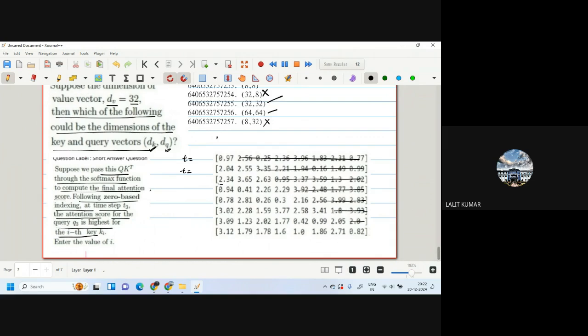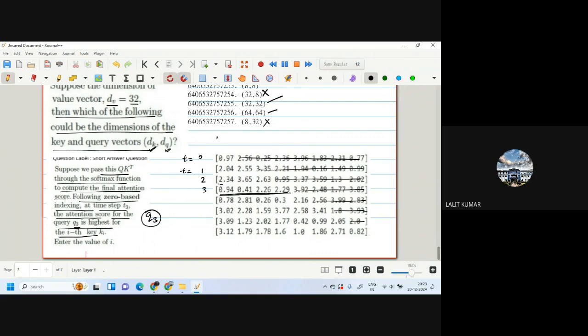So these are the attentions. If we take, for example, zero-based 1, 2, 3, these are the values here. Now, where is the Q3? It is asking for the attention score for Q3. What will the Q3 value be here?